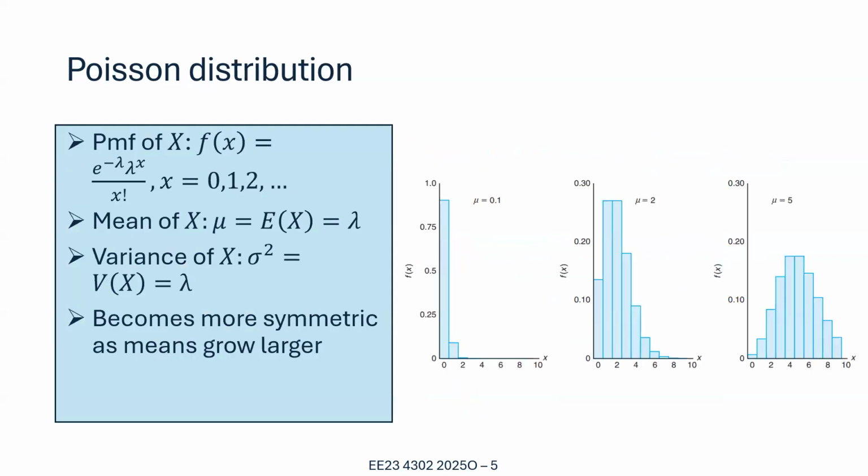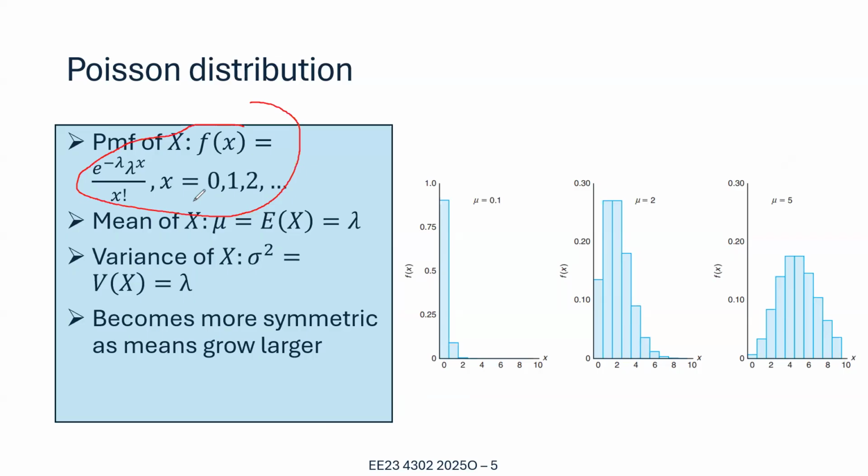All right, so the technical part is here. The PMF, or probability mass function, of the Poisson distribution is like this. We have f(x), the PMF, being e to the power of minus lambda times lambda to the power of x, divided by x factorial.